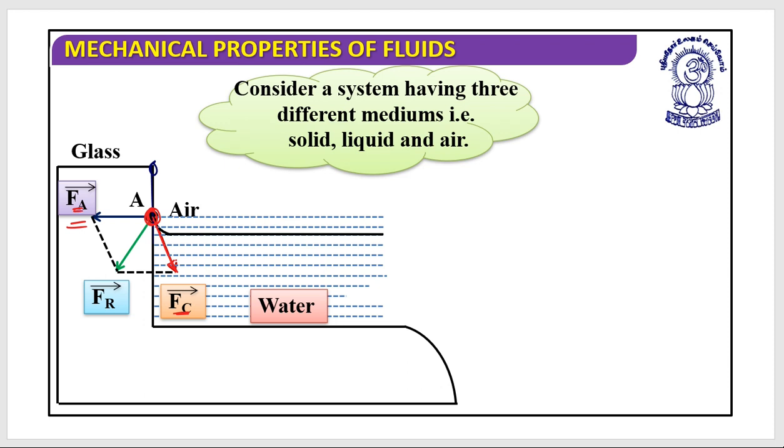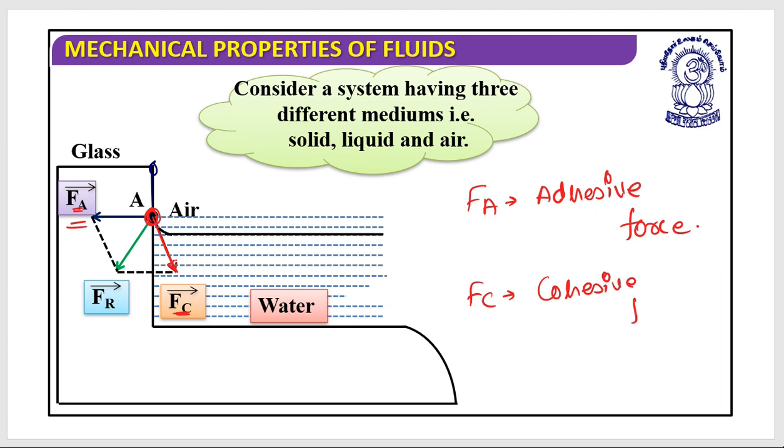So these two forces are acting on it. Fa represents the adhesive force, while Fc represents the cohesive force. Now let's suppose that Fa is greater than Fc. Then this could be Fr, the resulting force due to these two.